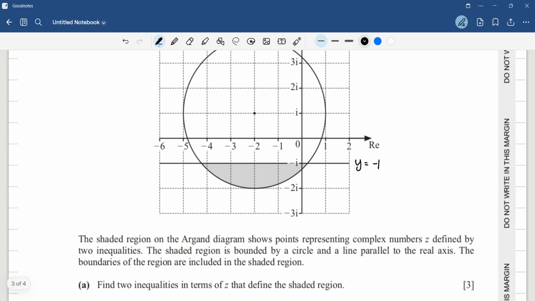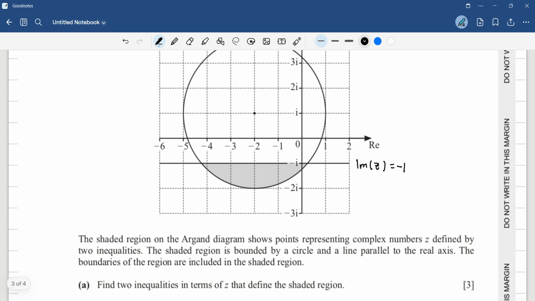But since it is a complex number, the y-axis is denoted as the imaginary part. So we use the imaginary part of z equals negative 1. The shaded region is below this line, below negative 1.